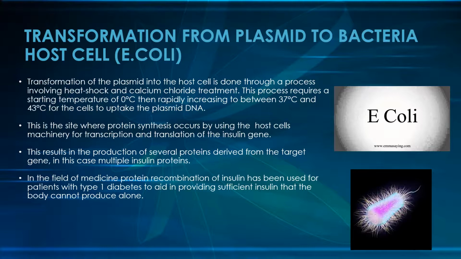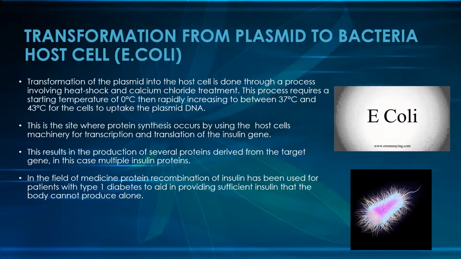This is the site where protein synthesis occurs, by using the host cell's machinery for transcription and translation of the insulin gene. This results in the production of several proteins derived from the target gene. In this case, multiple insulin proteins are being produced. So in the field of medicine, protein recombination of insulin has been used for patients with type 1 diabetes.